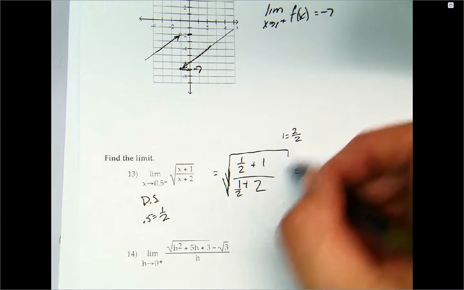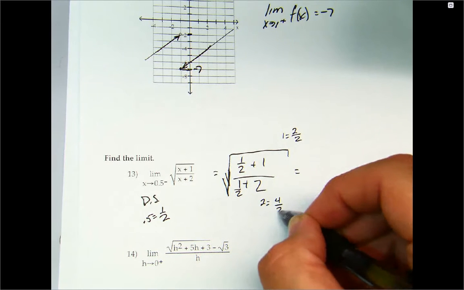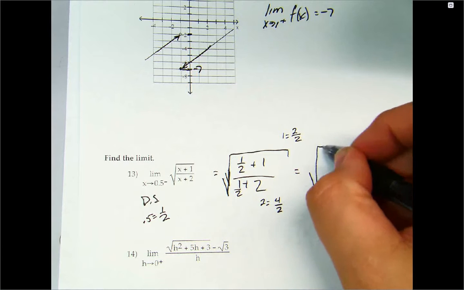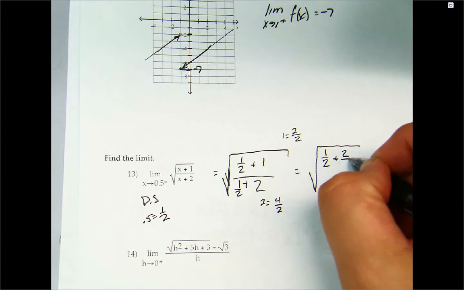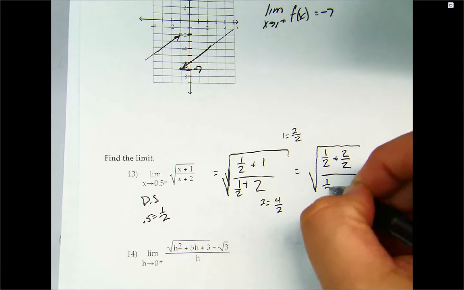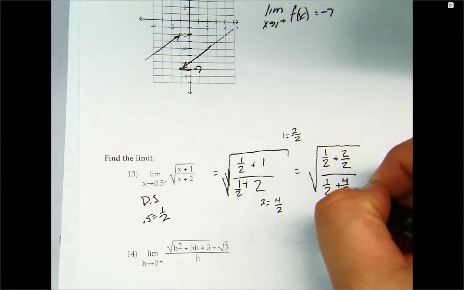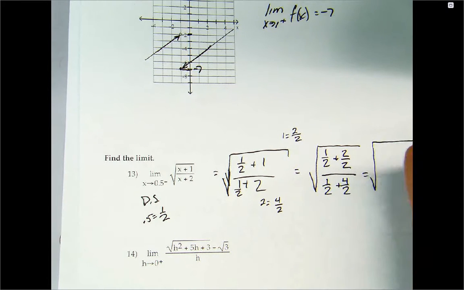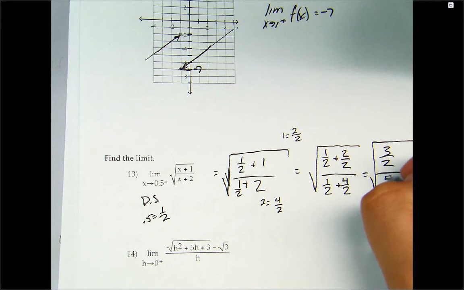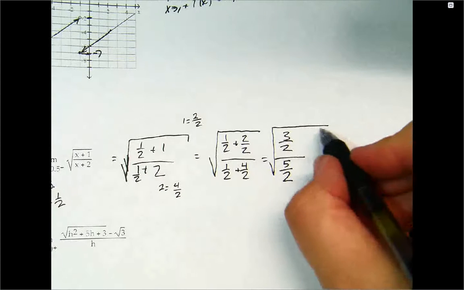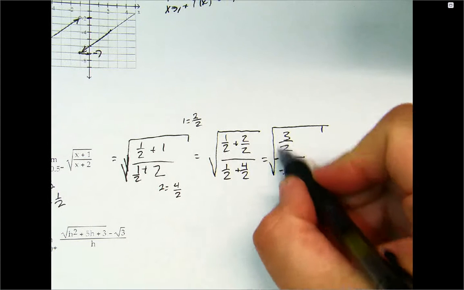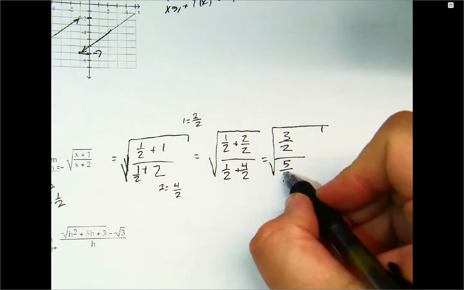So I'm going to get 1/2 plus 2 over 2 over 1/2 plus 4 over 2, which is equal to 3 over 2 divided by 5 over 2. Now, way back from algebra, if you had a complex fraction like this and your denominator is the same in both, your answer is the numerator divided by the numerator.